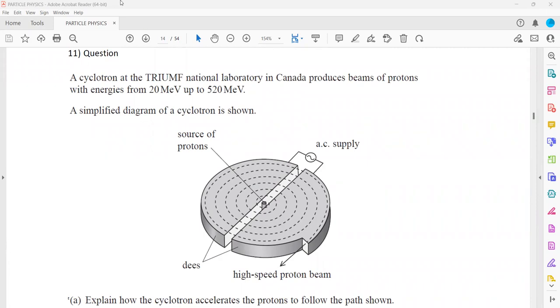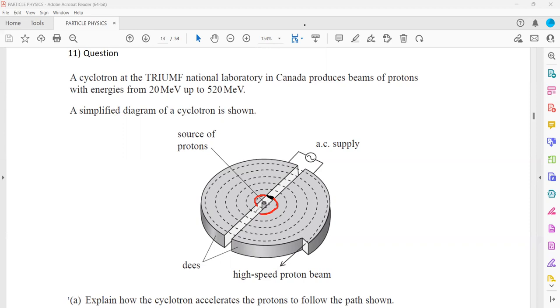So what happened? When the particle is between the D's, it changes direction. That is also acceleration, but it does not change the speed. When it moves between the plates, it accelerates. So between the plates, the black part is representing acceleration. Even in a circular path in physics, when an object moves in a circular path, that is also acceleration.